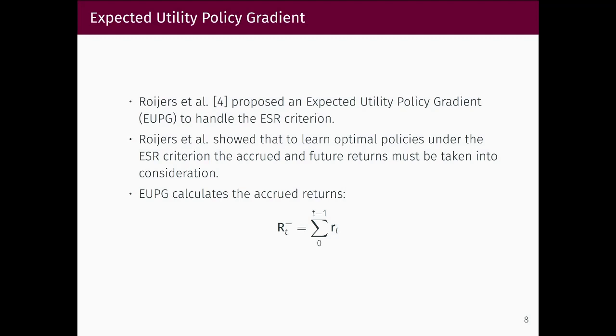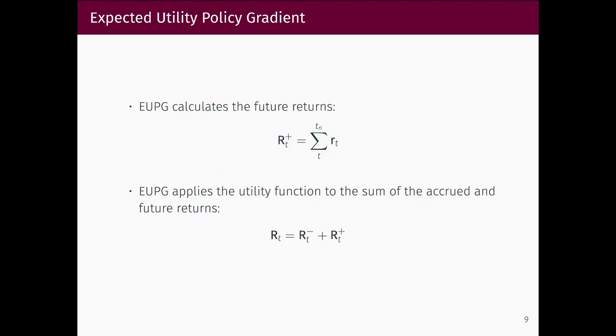And the EUPG then calculates the accrued returns, as we can see here, RT minus. And to calculate the future returns, EUPG uses the sum of rewards received from time step t to some terminal time step n, and we denote that by RT plus.